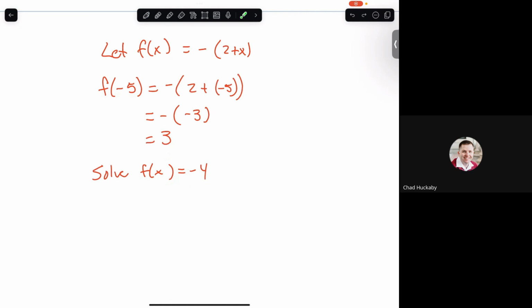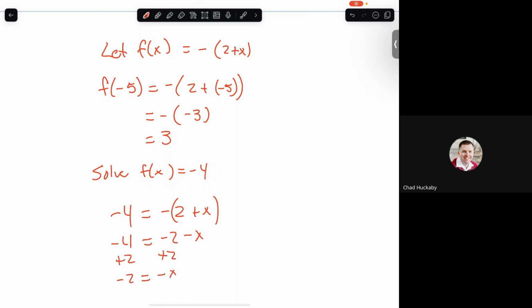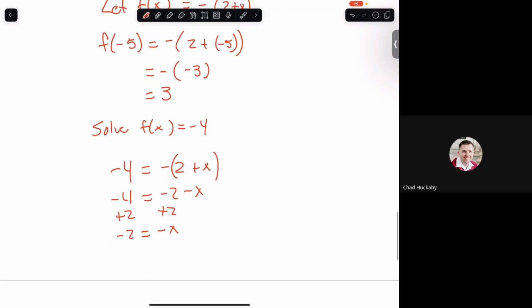So f of x is equal to -4. So -4 is equal to negative the quantity 2 plus x. I can distribute that negative on the right side to get -2 minus x. I can add 2 to both sides to get -2 is equal to -x. I can divide both sides by -1 to get x is equal to 2. And that's our final answer.